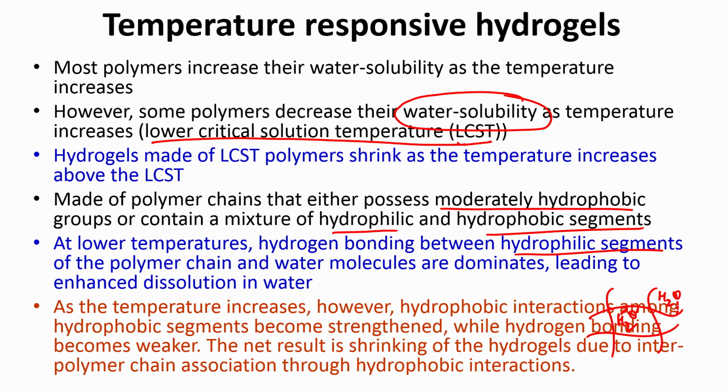However, as the temperature increases, the hydrophobic interactions among the hydrophobic segments become strengthened, while this hydrogen bond, which is a fairly weak bond, starts to degrade and becomes weaker. So, the net result is that the hydrogel is now interacting with the hydrophobic domains of other chains and not interacting with the water as a hydrophilic domain. Hence it will cause a shrinkage of the polymer and thereby the hydrogel.